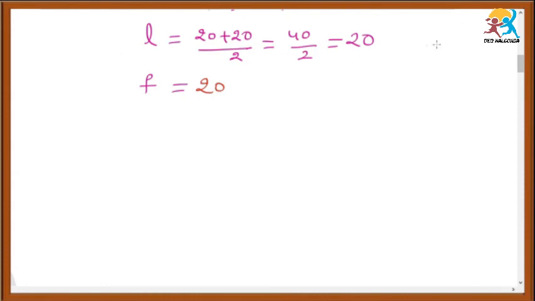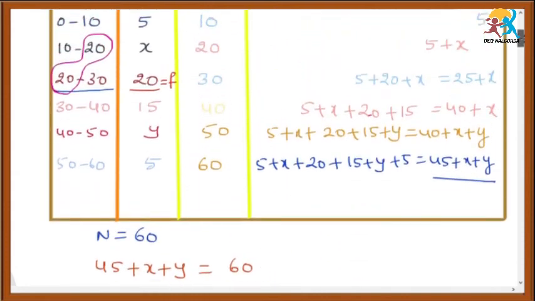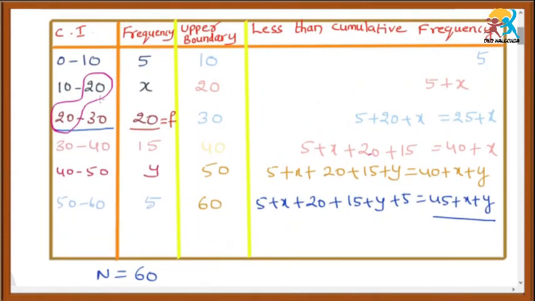Next, CF. So the cumulative frequency of the preceding class of the median class. So the median class is 20 to 30, its preceding class is 10 to 20, its corresponding cumulative frequency is 5 plus x. So this is CF.